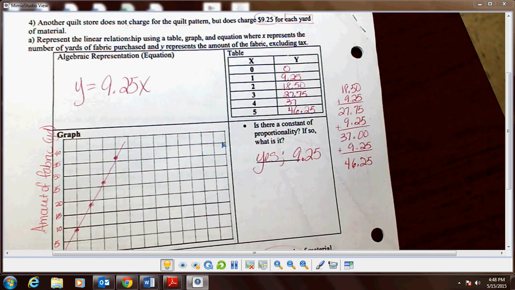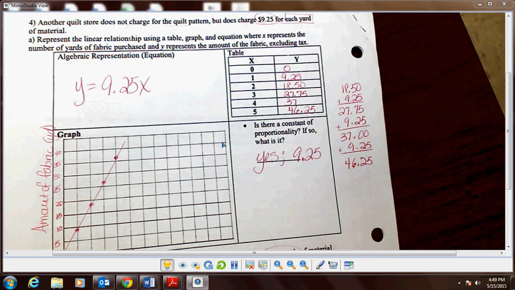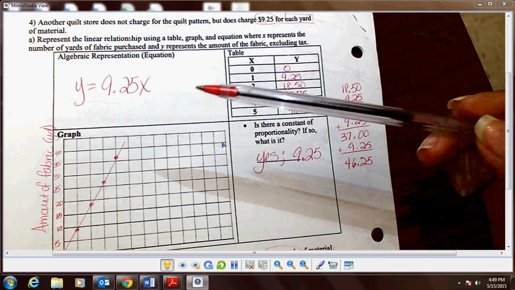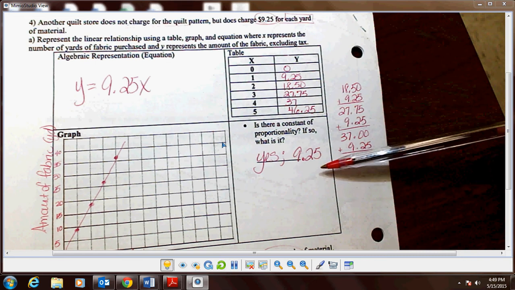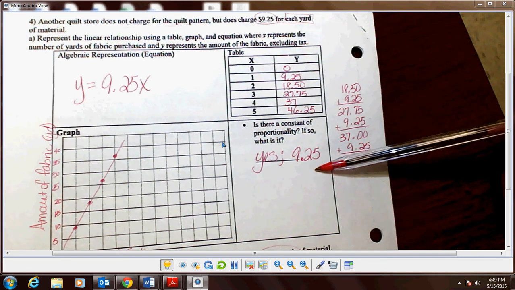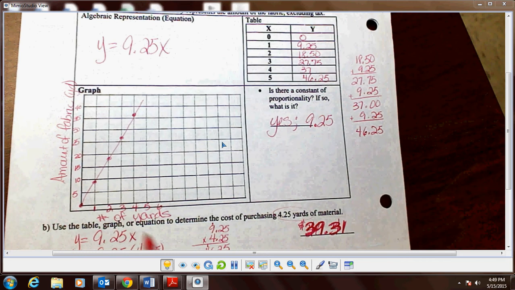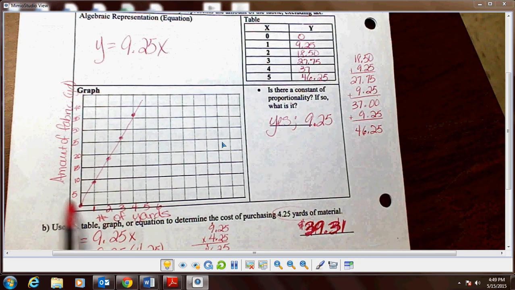So go through the same steps that you would have done on number 2 to get your answers. Plug in your x values and solve. Since it is a proportional relationship, there is nothing being added or subtracted at the end. We have a constant of proportionality, which is 9.25. Again, on the graph, don't forget to label your axes.